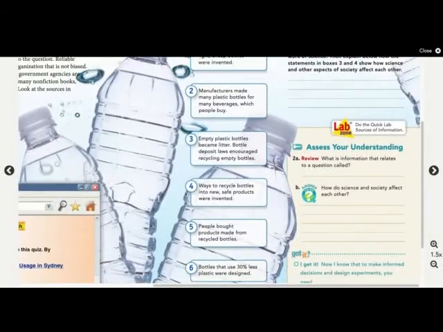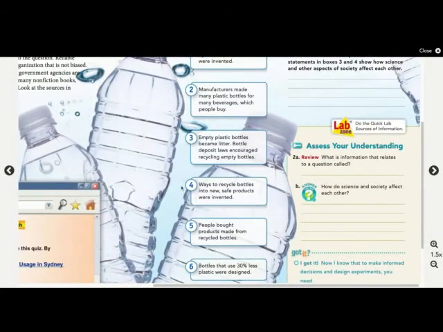Let's look at number 4. Ways to recycle bottles into new safe products were invented. This is science related because ways to recycle, that has to do with science. And safe products, also science. So circle number 4.